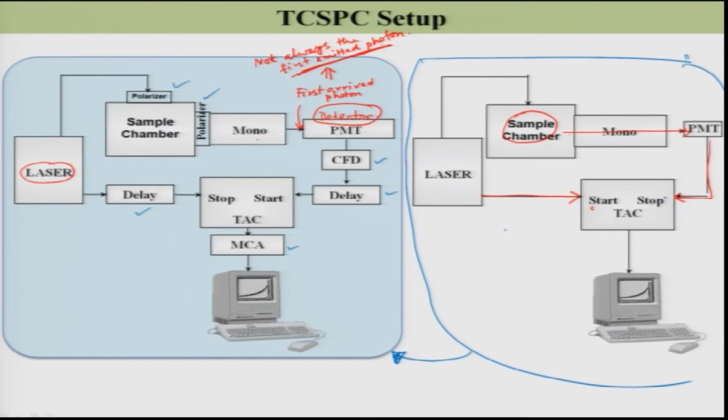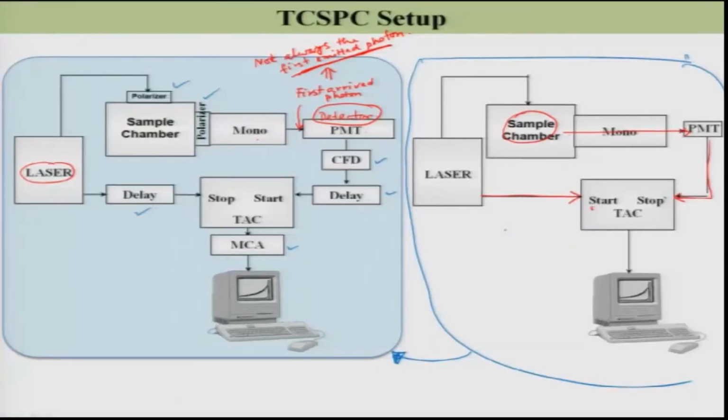If it were like that, then there would be no decay. Always I would get one count or several counts in the very first few time regions, and I would never get counts at later times. So I would never be able to reproduce the decay profile in the histogram. So note that not always the first emitted photon is the first arrived photon, that means the first detected photon.